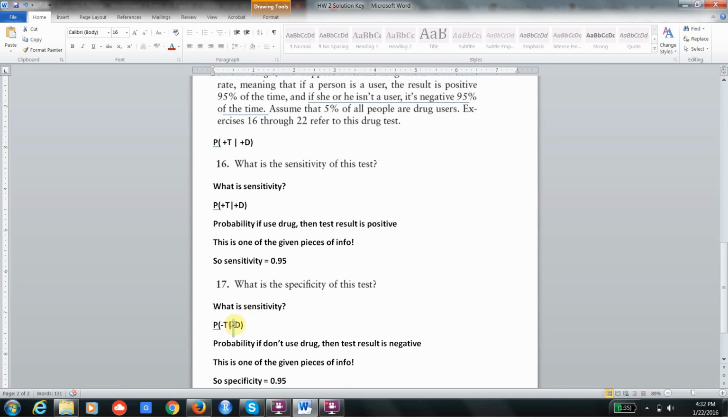The if part goes here. This is the given. Right? So if they're not a user, it tells us the probability that they have a negative test result given they're not a user, and that's the specificity, which is given as 95%. So really we don't have to do any work. It's just knowing how to interpret what the specificity and the sensitivity are, and that's actually quite important. Okay, and that's all for the homework problems.